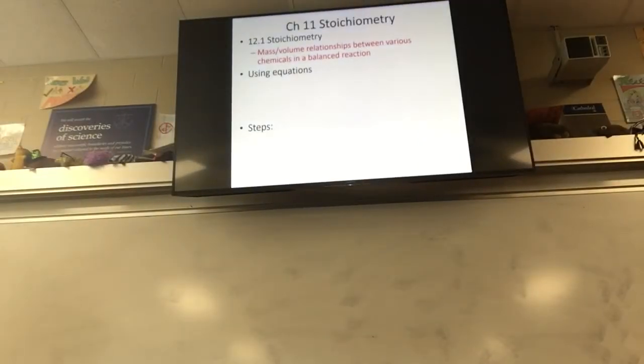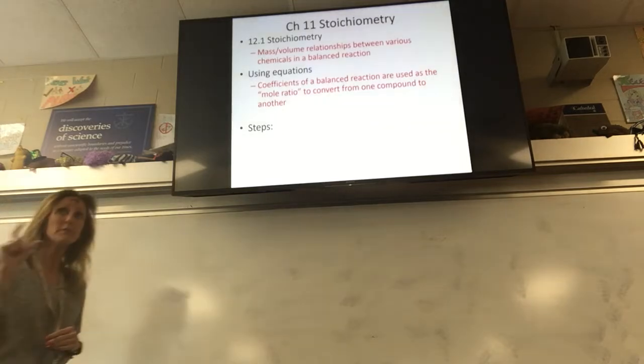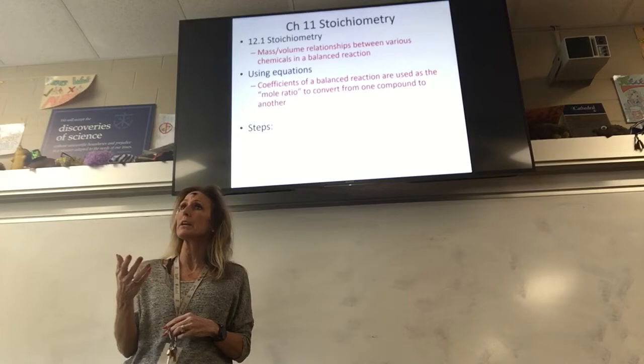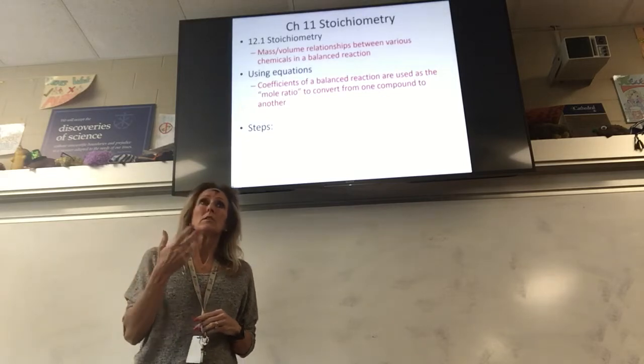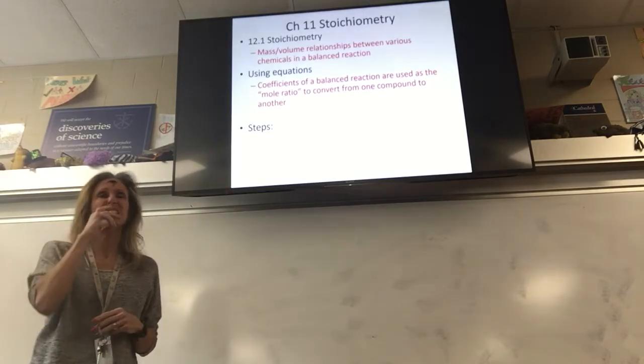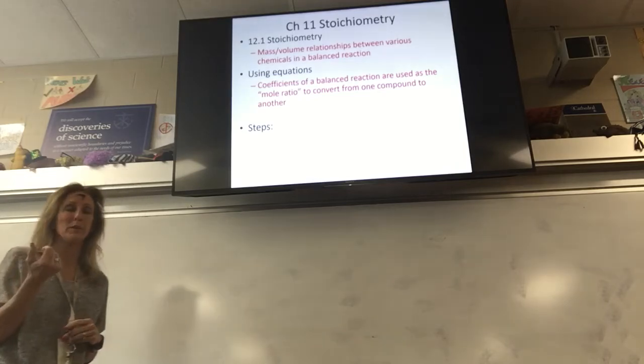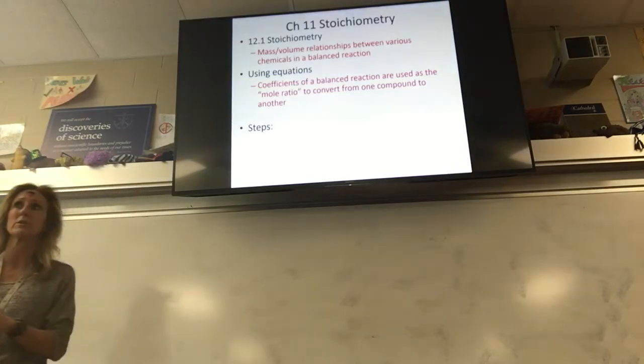So because we are going back and forth between different either individual elements or compounds in a chemical reaction, the way we're able to do that is through the coefficients that we put in there when we balance the chemical reaction.